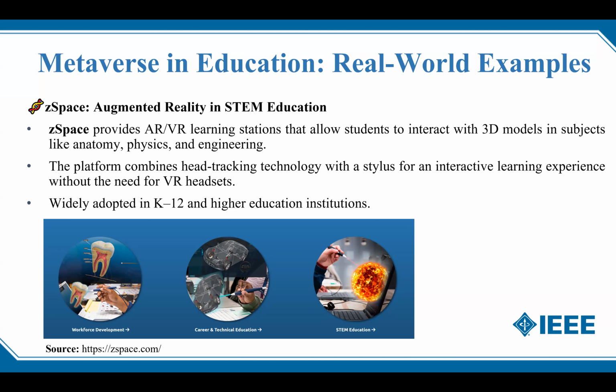Rather than viewing static images, students can manipulate and explore these complex structures. It should be an easy way to understand, and makes abstract concepts much easier to visualize. These are like the spectrum. You should also think about some potential ideas to use metaverse environments in the educational landscape.